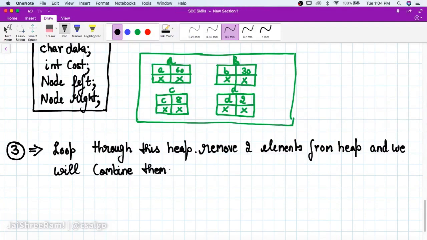We will do this step again and again until the size of the heap remaining is just 1.